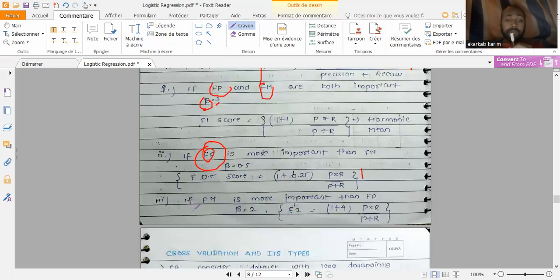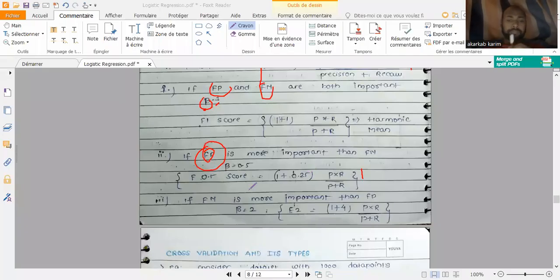The third scenario: if we only care about false negative, that means we need to reduce false negatives, that means the recall. At this time, we need to set beta equal to 2.